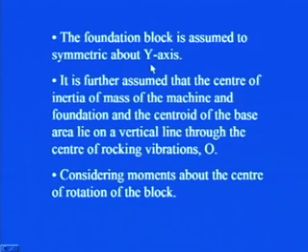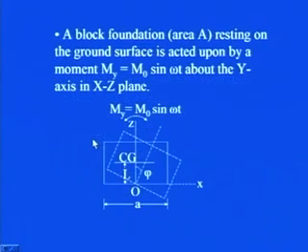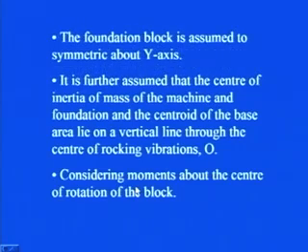The foundation block is assumed to be symmetric about the y axis. It is further assumed that the center of inertia of mass of the machine and foundation and the centroid of the base area lie on a vertical line through the center of rocking vibrations O. You can see here that this is the center of the vibration, that is O.